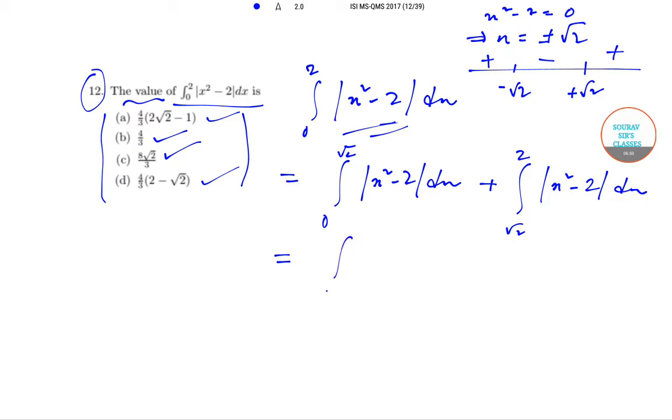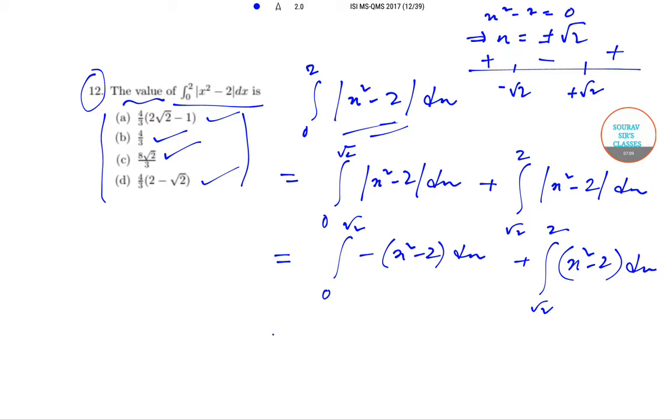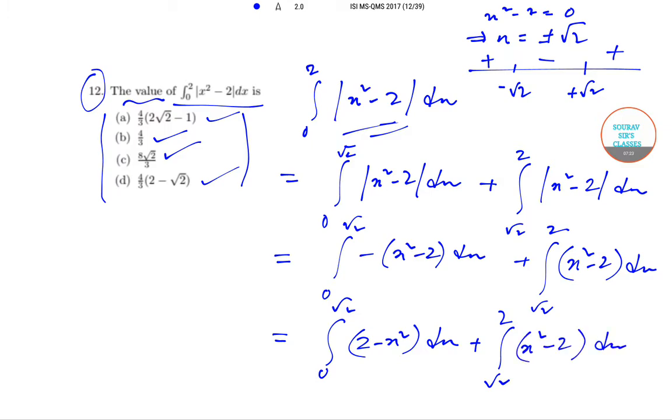So basically it will come down to integration 0 to root 2 of minus of x square minus 2 dx plus, and from root 2 onwards the sign is positive, so here it will be integration root 2 to 2 of x square minus 2 dx. So this will come down to integration 0 to root 2 of 2 minus x square dx plus integration root 2 to 2 of x square minus 2 dx.